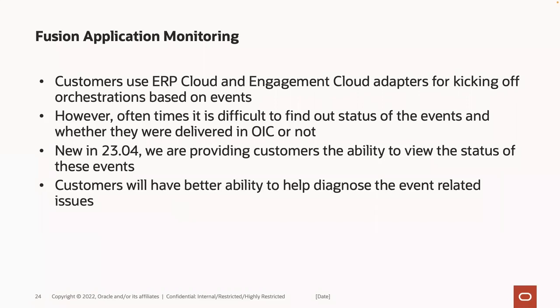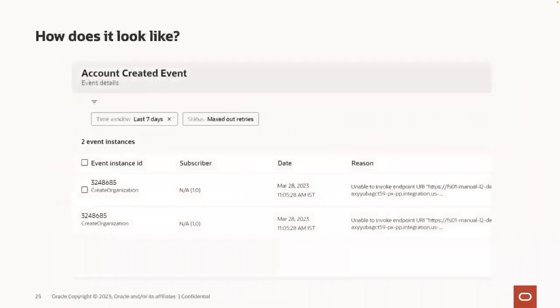What happened here? That can be hard to find. So starting in 2304, we're giving you and your customers the ability to view the status of these events. This will help significantly in diagnosis of missing event type problems.